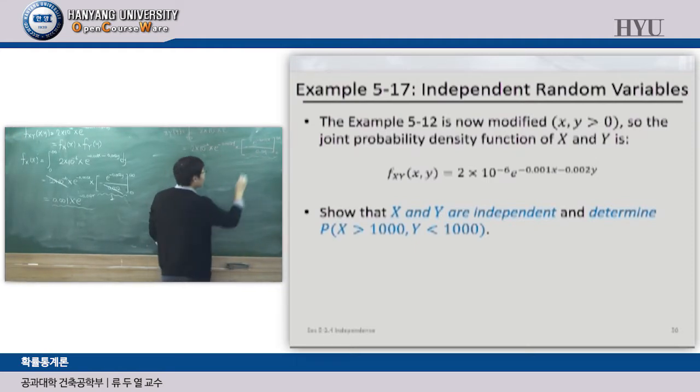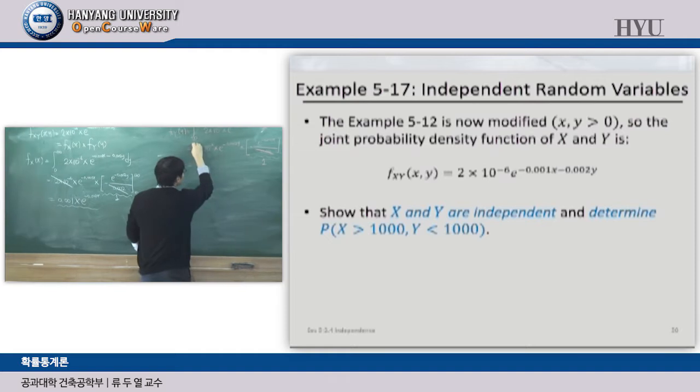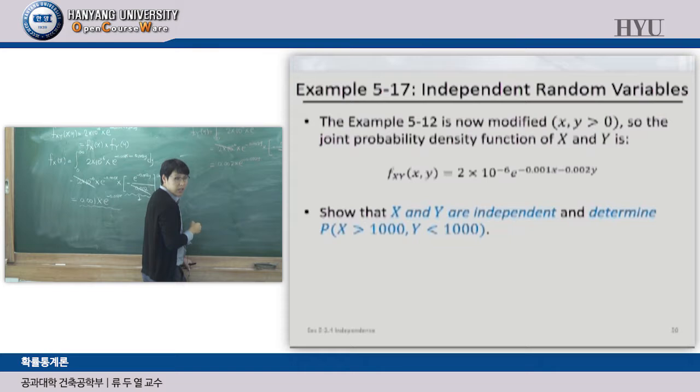What is this? 1, right? So this should be first eliminated. So 0.002 times exponential minus 0.002y. Okay?